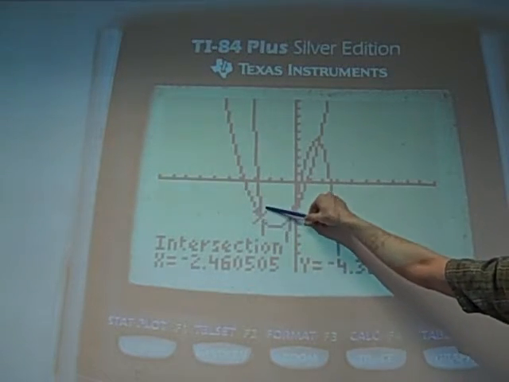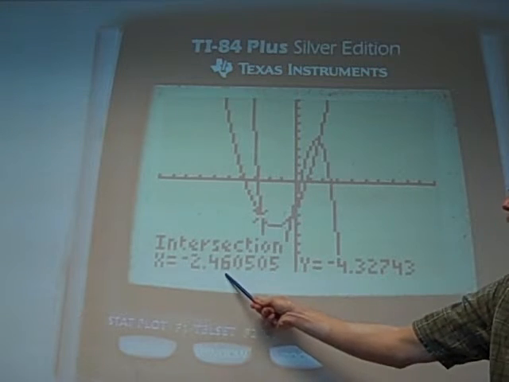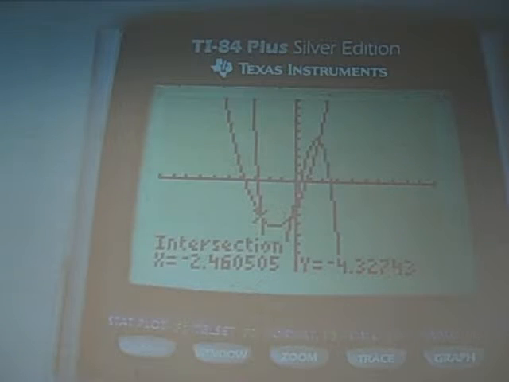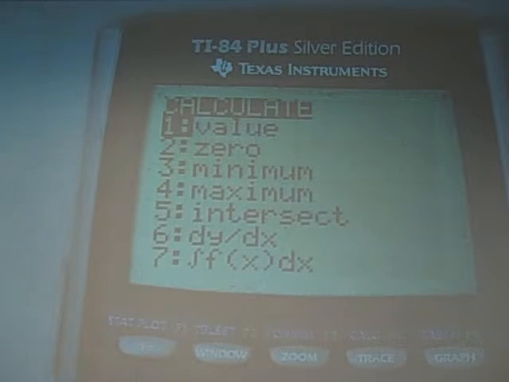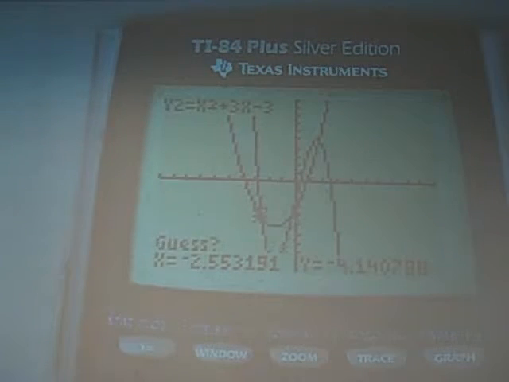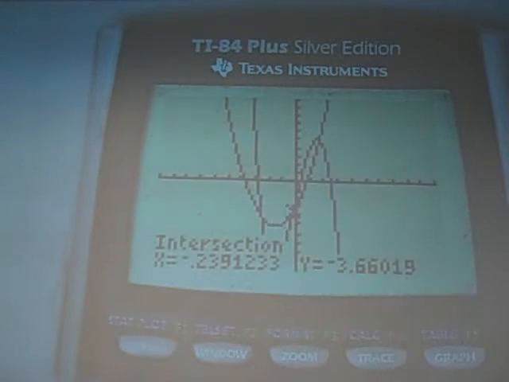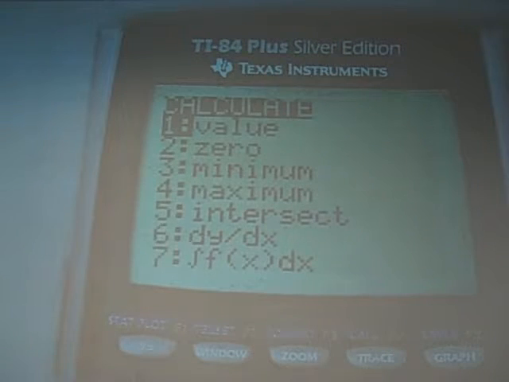So the approximate intersection here is negative 2.46 to two places, so that would be one of our solutions, and we just repeat that for each of these. So negative 2.46, then we do the same thing over there, and that looks like negative 0.24, and we'll do it one last time.